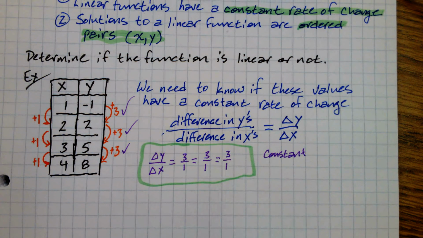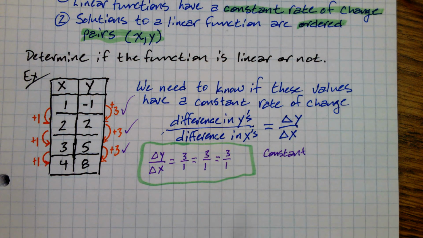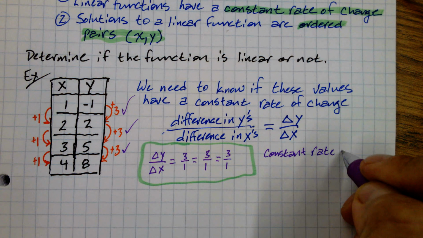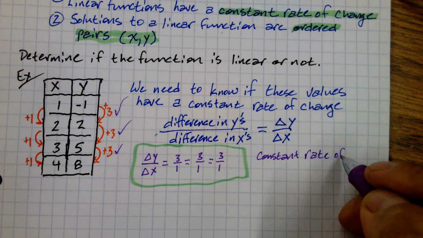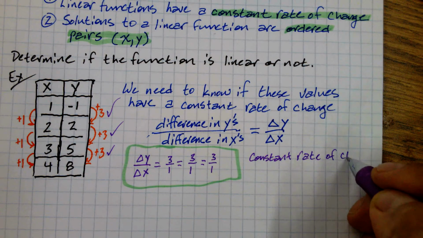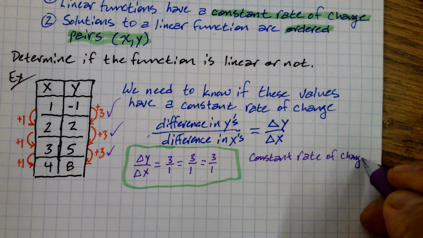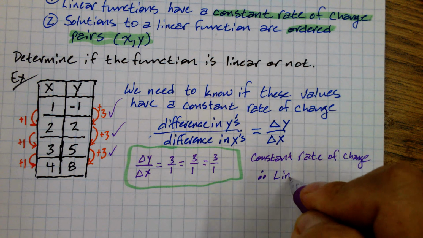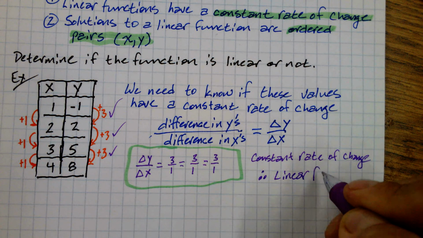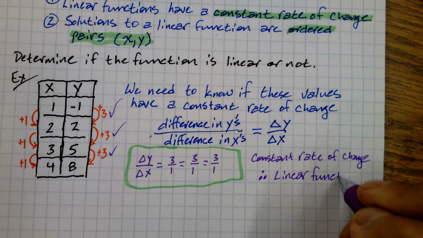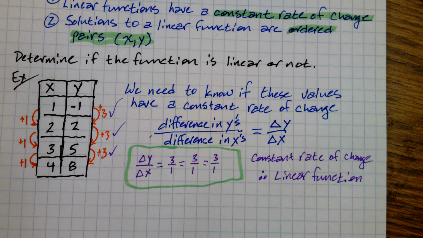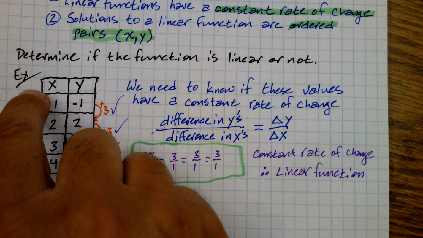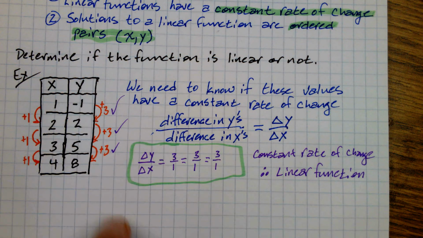Well, 3 to 1, since we're doing y to x. It's 3 to 1. Therefore, a linear function. Now, it wasn't so much that it was always 1, 1, 1 and 3, 3, 3.